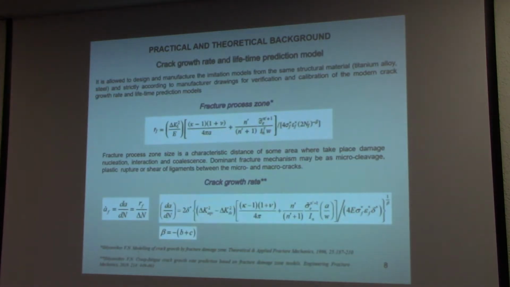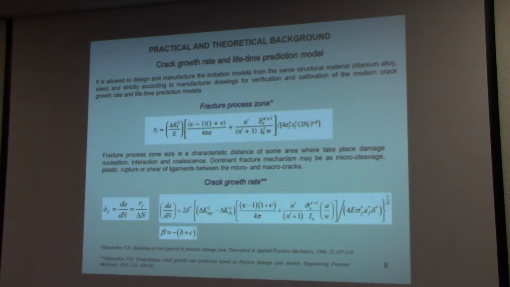It is allowed to design and manufacture the imitation models from the same structural material strictly according to manufacturer drawings for verification and calibration of new crack growth rate and lifetime prediction models. In our study, we used the crack growth rate model proposed by Professor Shlenikov.